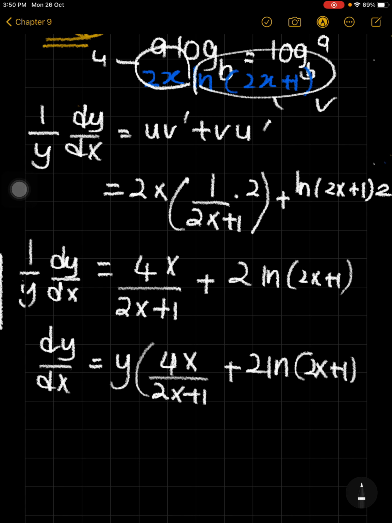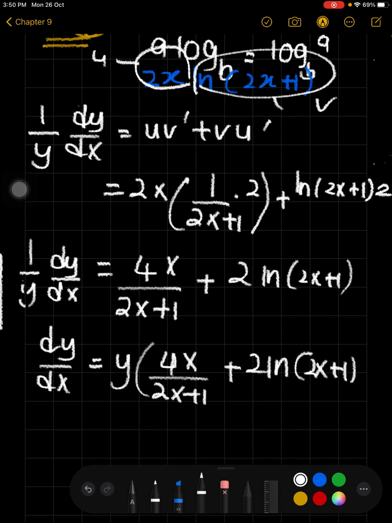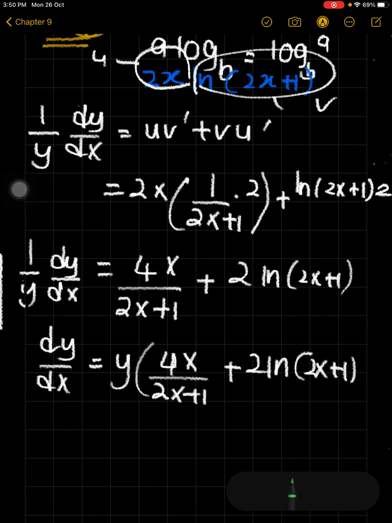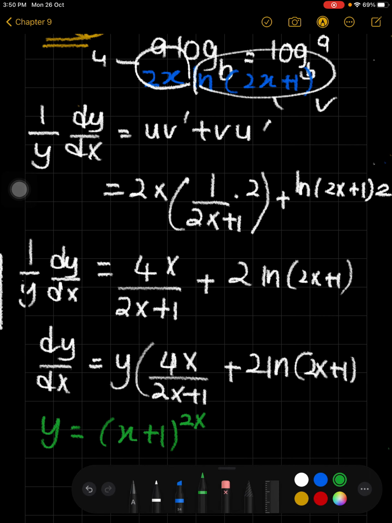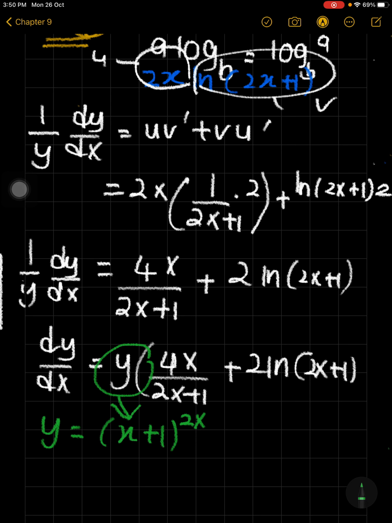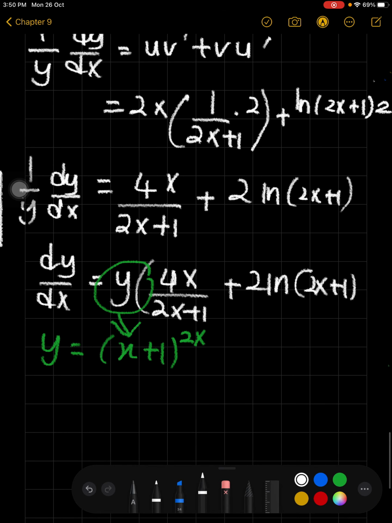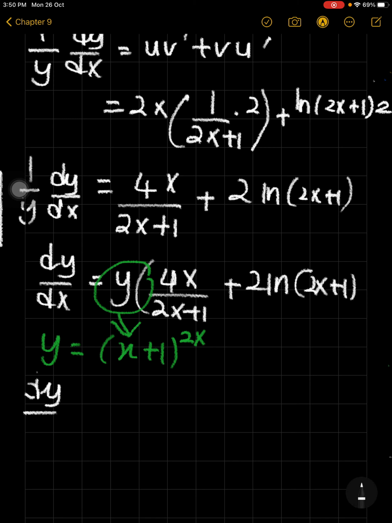Okay, y is equal to what? Kan tadi you punya equation yang asal tu, you have to remember again. You punya equation yang asal, you tulis y is equal to (x plus 1) kuasa 2x. So you have to substitute this y with this one.